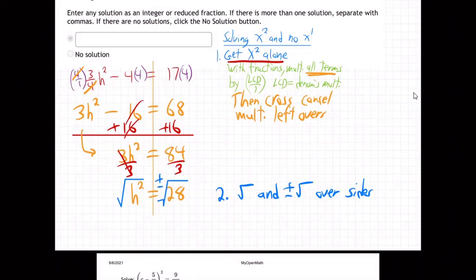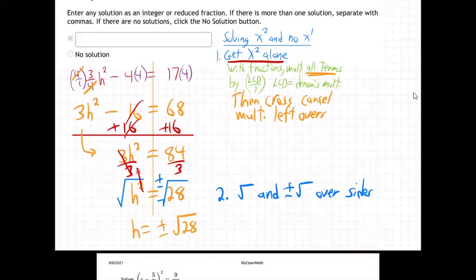Why plus or minus? Because we saw that it produces 2 answers. There's actually 2 answers that make this true on this one. Okay, so rooting and squaring cancel each other like a poison and the antidote, neutralize each other. And here we get plus or minus square root of 28.